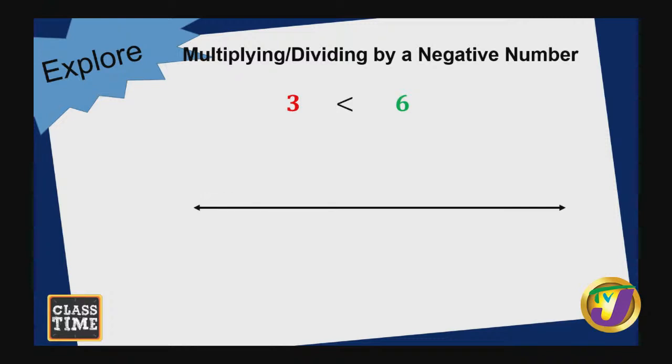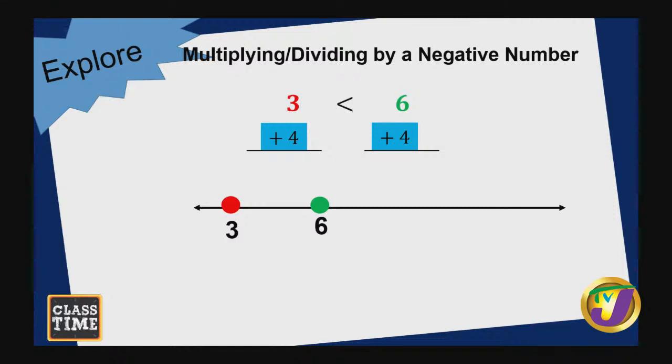If we should think of the open number line, I can place the 3 to the left of the 6 to show its position in relation to the 6. So now the 3 is to the left of the 6. Now, if we were to add 4 to both sides, because we're maintaining that balance that we spoke about, what would our new numbers be?